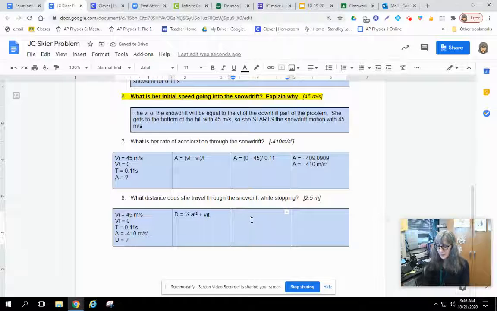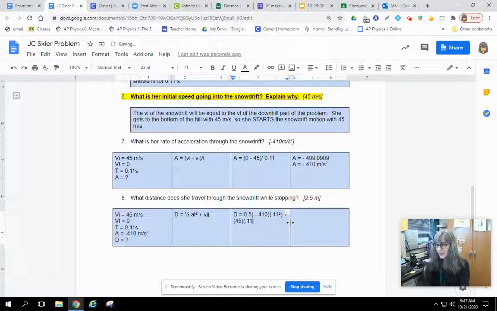When I substitute in, I use 0.5 for the 1/2. The acceleration, the negative sign is important, so we need to include that. Our t is going to be 0.11, and we will be squaring that. And it's only the t that's squared. My vi, for maybe the first time, is not equal to 0.